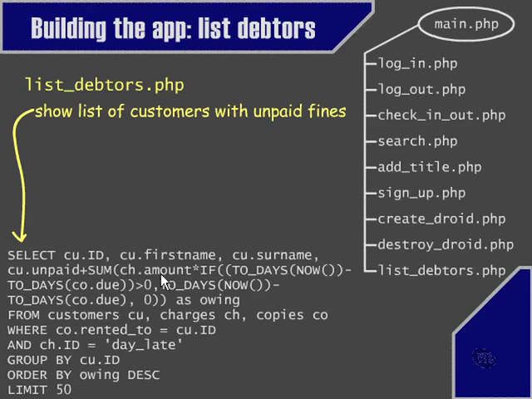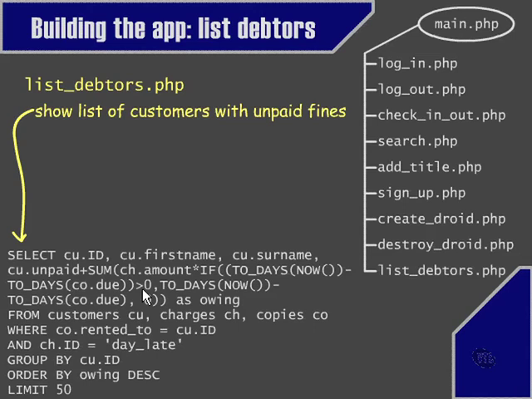The charge amount, which means the particular amount it costs to have a video late for a day, multiplied by, and here we have an if function, and this if function takes a look at whether the current number of days, that's what the to days function here does, of the current date minus the current number of days on the due date of the copy of the video is greater than 0.